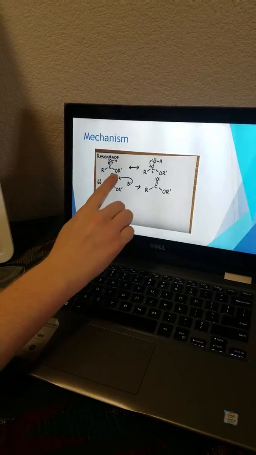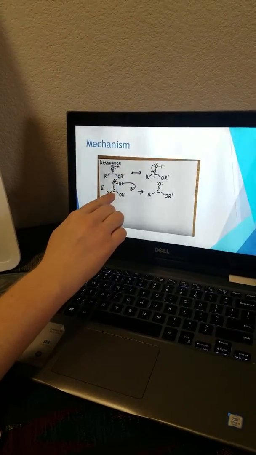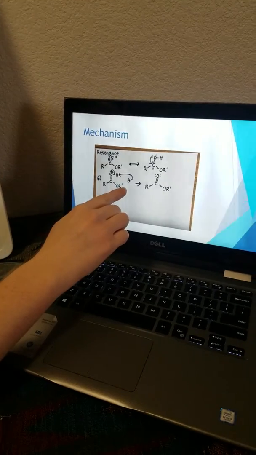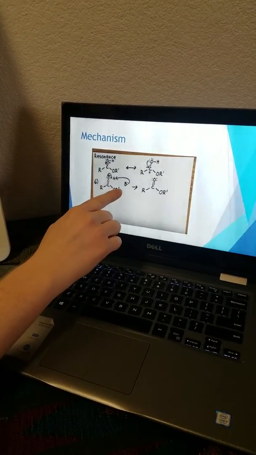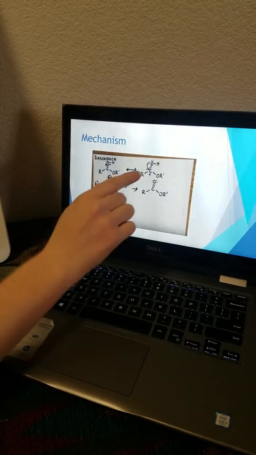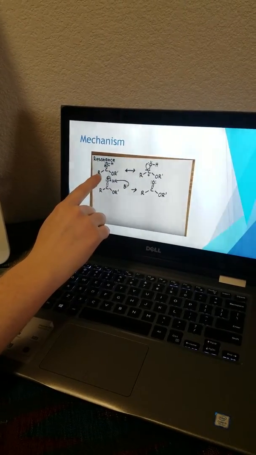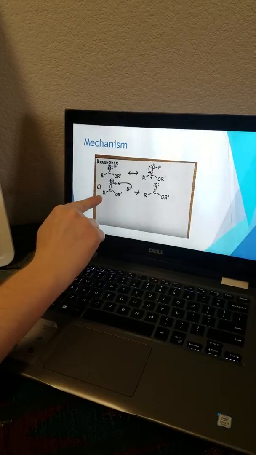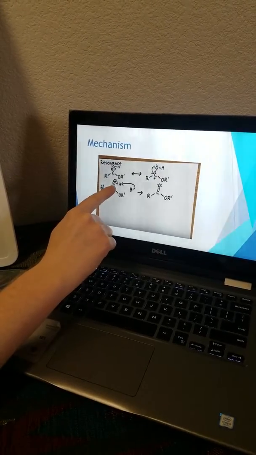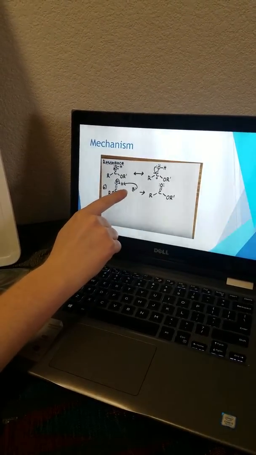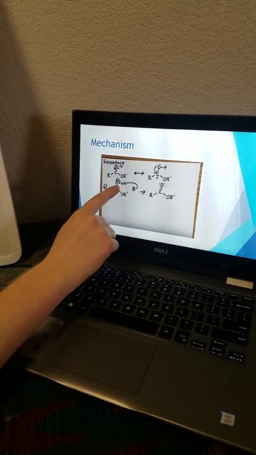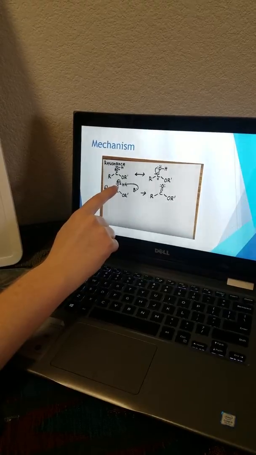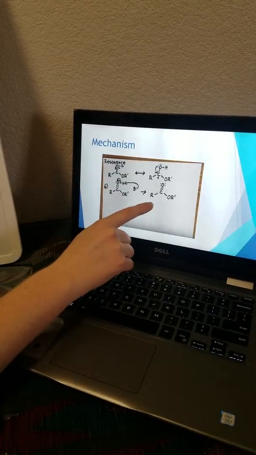It can go back and forth to stabilize it. So the base attacks this hydrogen and deprotonates it when it's in this form, not the carbocation, but this form. It deprotonates it with the hydrogen, and the electrons from that bond go to the oxygen and stabilize it, forming the ester.